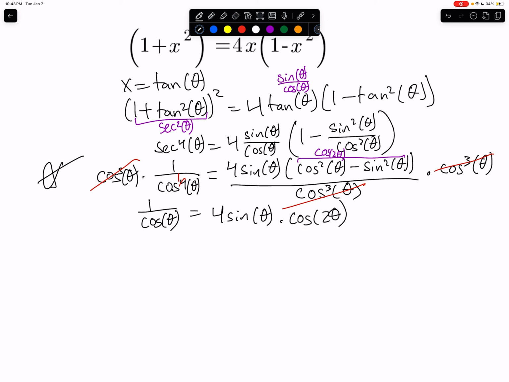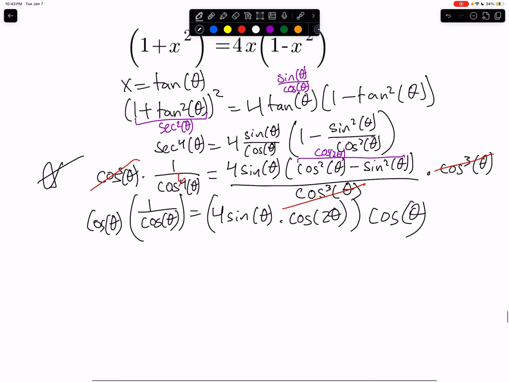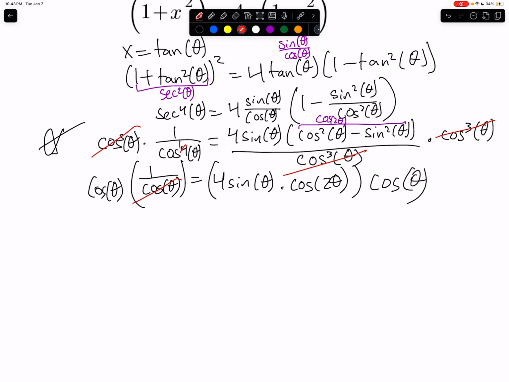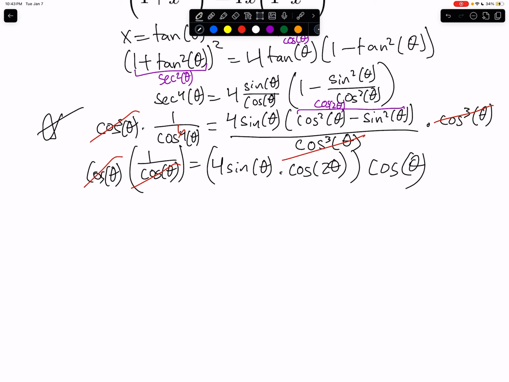So now I'm going to multiply both sides by cosine of theta. So now we'll get 1 equals 4 sine of theta times cosine of theta times cosine of 2 theta.